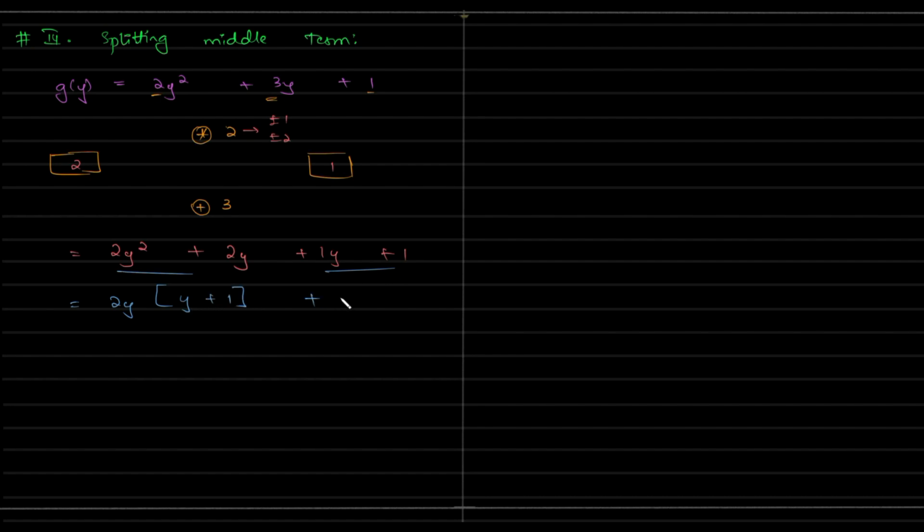And between these two, 1 into y plus 1. And so we have 2y plus 1 into y plus 1. And thus we have the final answer. P of y is a combination of 2y plus 1 into y plus 1 and y minus 1. And that is your final answer.